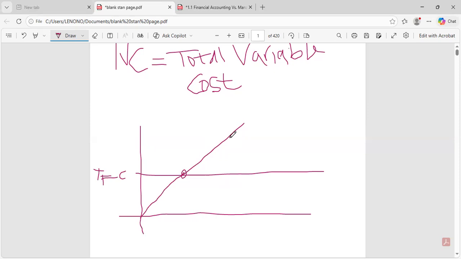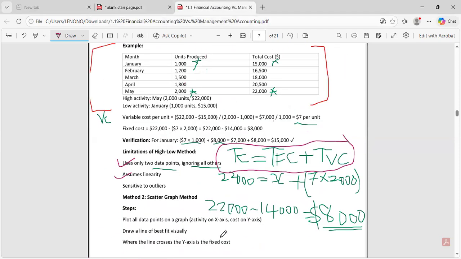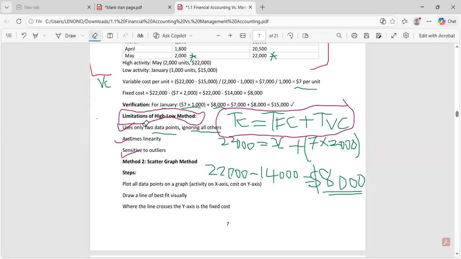Now, as we come to this one, it is sensitive to outliers. That's another limitation of the high-low method. So we have: assumes linearity, sensitive to outliers, and uses only two data points.